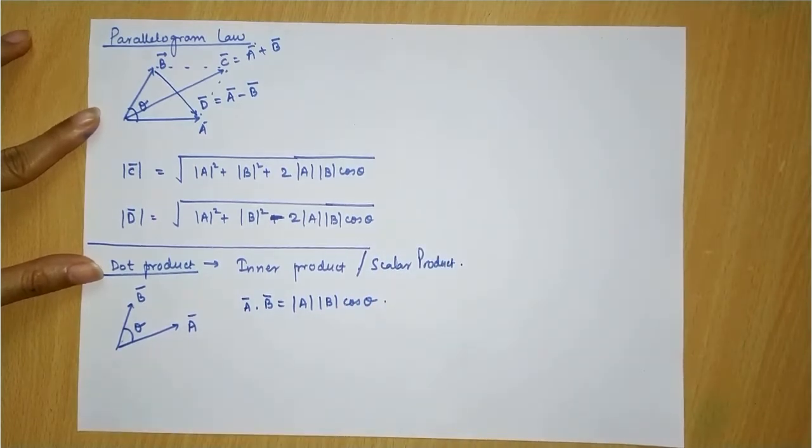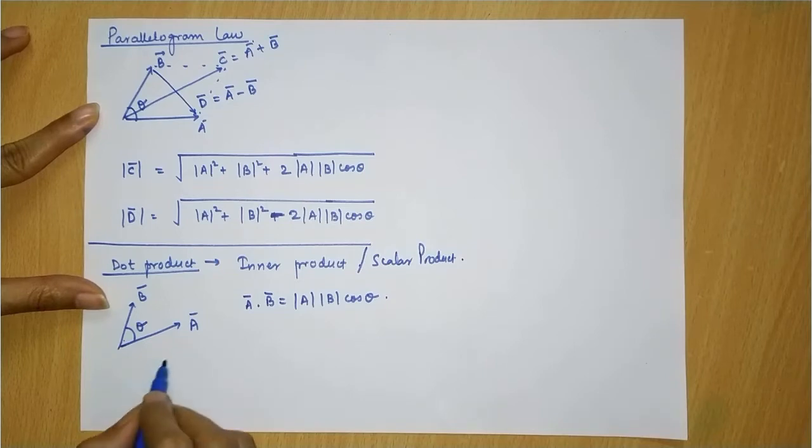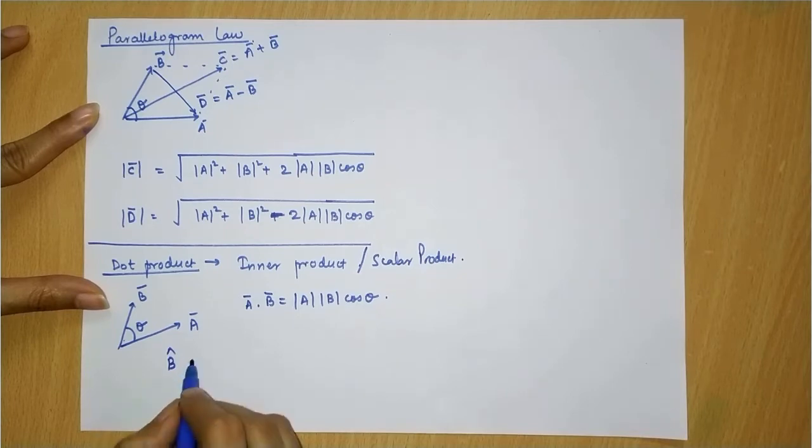Now what is the significance of this dot product? Suppose I want to find out a component of vector A in the direction of vector B. Then we represent the direction as B cap. Direction is always represented in terms of a vector.